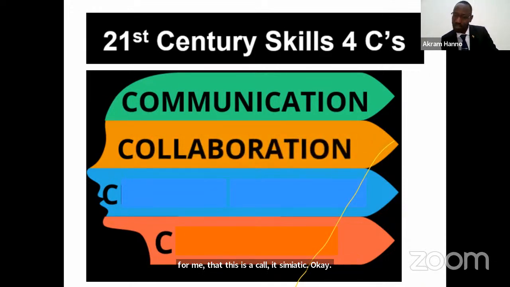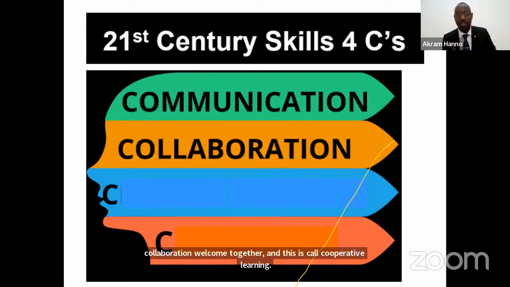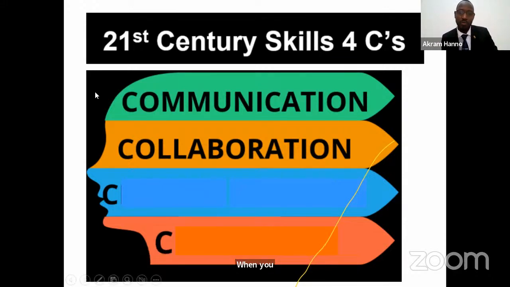Collaboration, working together, and this is called cooperative learning, when you cooperate or work in collaboration with your students.